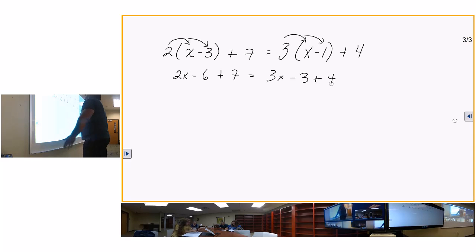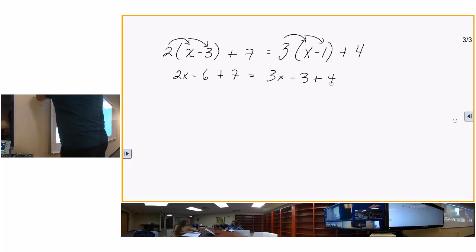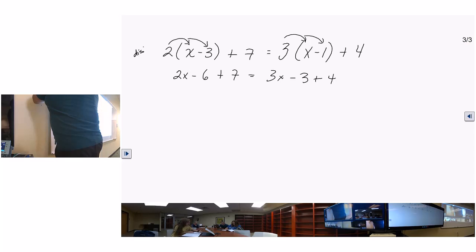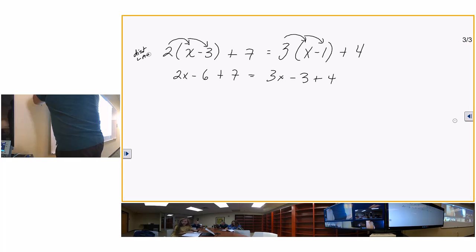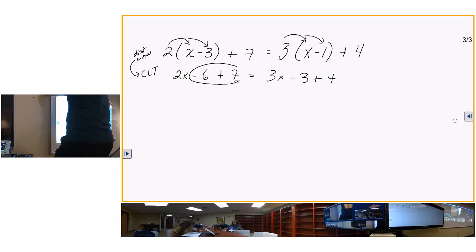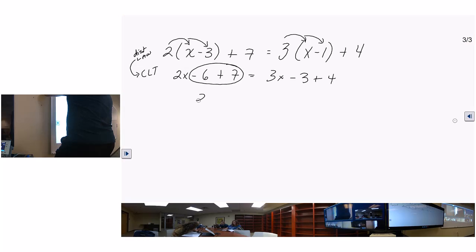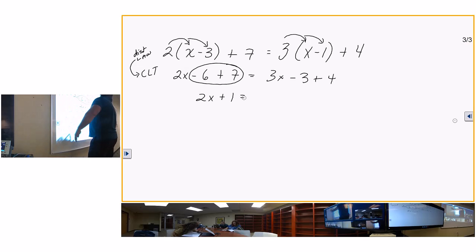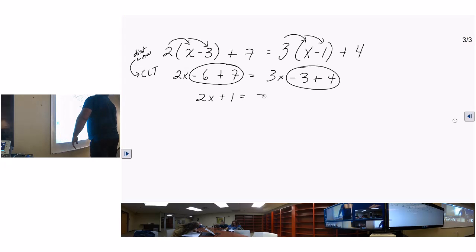Now, usually, after you use the distributive law, what always comes after the distributive law? Combine like terms. That always comes next. So, what is negative 6 plus 7? 1. And what is negative 3 plus 4? 1.